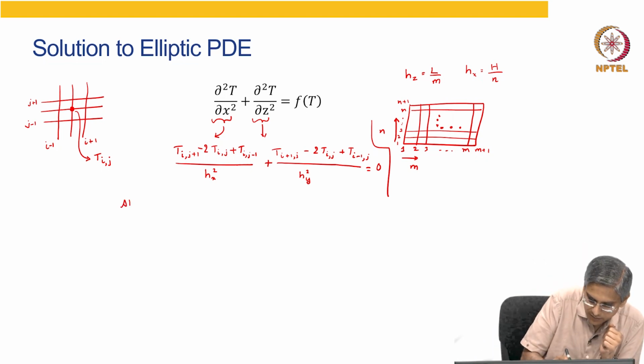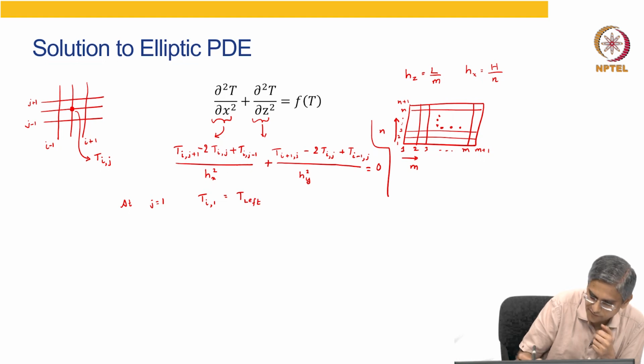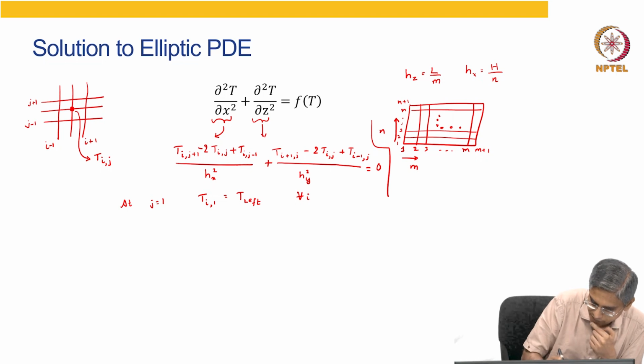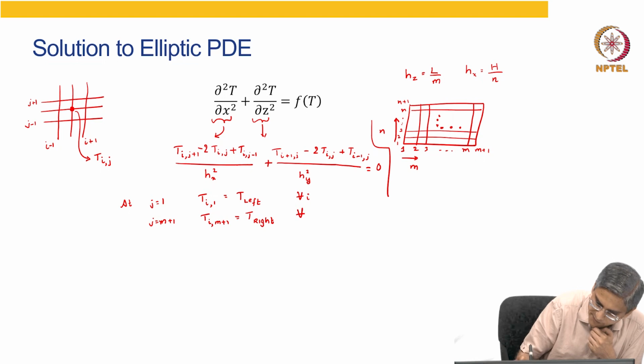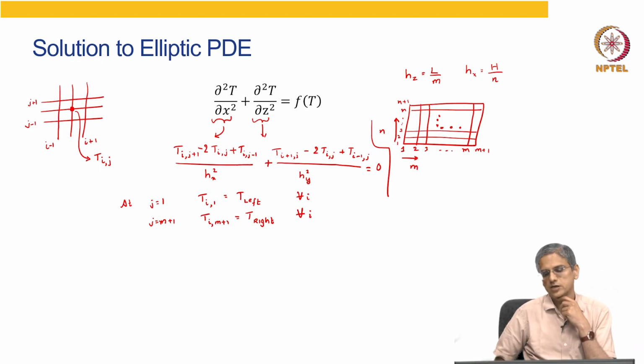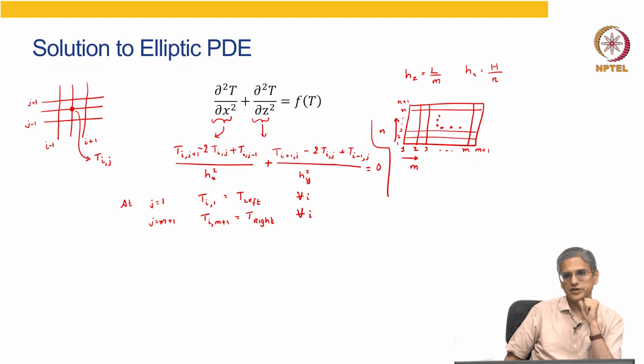At j equal to 1, okay. So, these are the left and right boundary conditions.